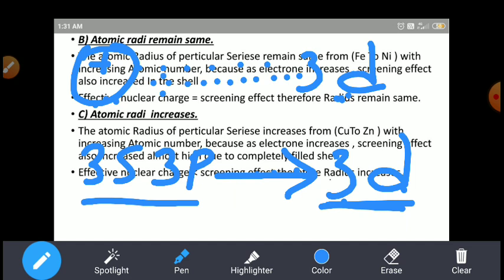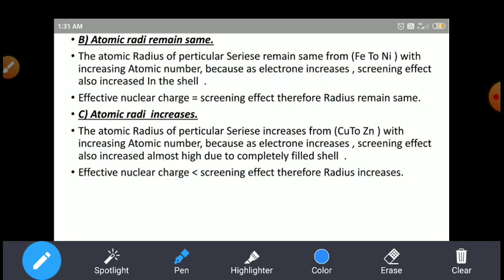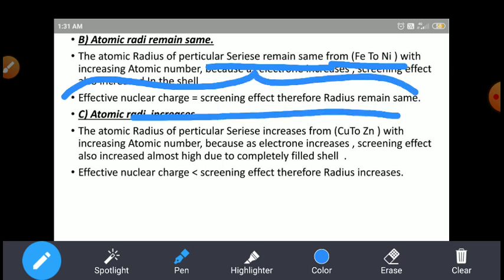So the amount of attraction from the nucleus to the 3d orbital and the same amount of repulsion experienced from inner 3s, 3p, 2p, etc. are both equal here. So that's why from iron to nickel the atomic radii remain the same, because the effective nuclear charge equals the screening effect.